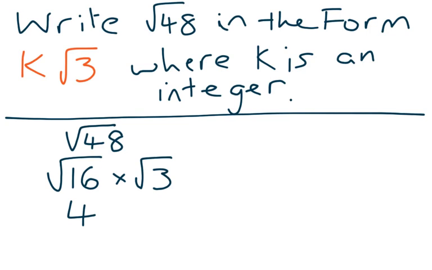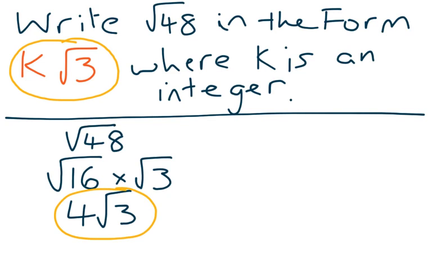I can't go any further with root 3, so my answer just is 4 root 3. And I think I'm right because in the question it tells me that my answer is going to look like k root 3. Does my answer look like k root 3? It certainly does. And what would the value of k be? Well, the k must be 4. So I know that I am correct.